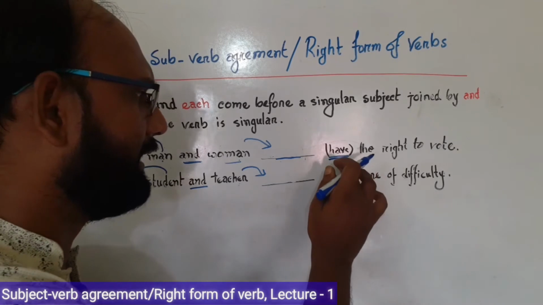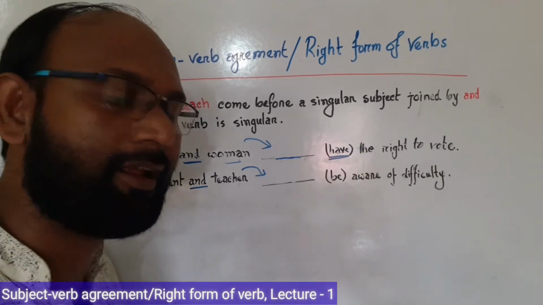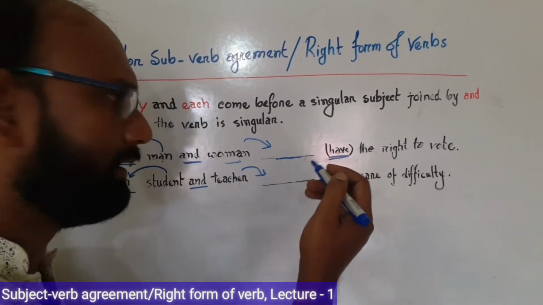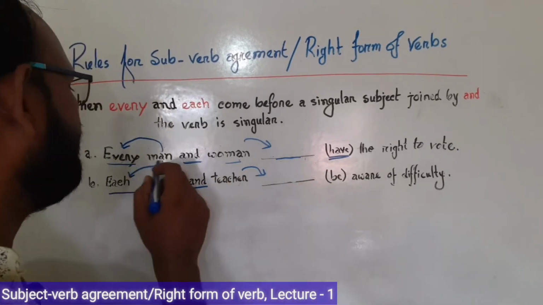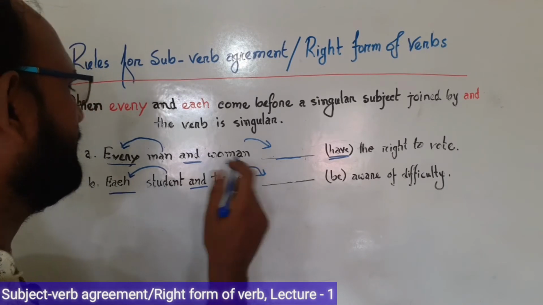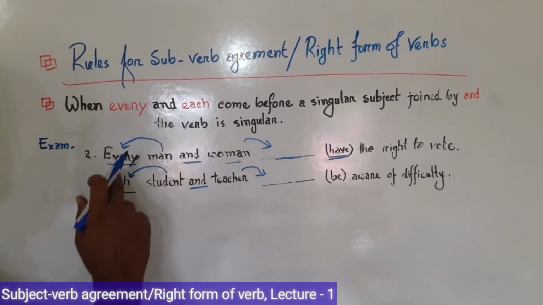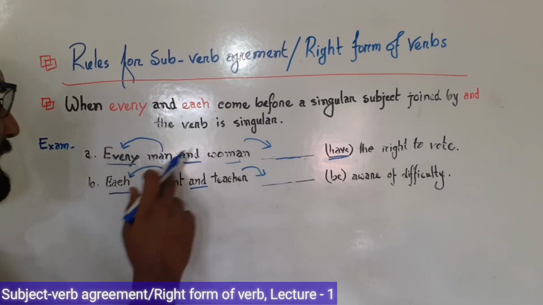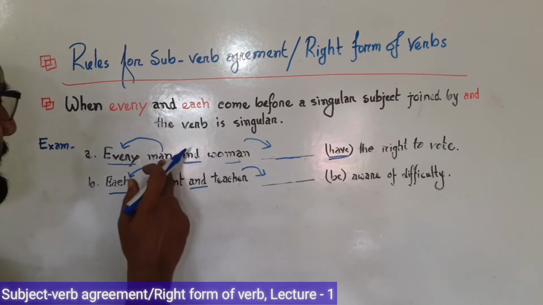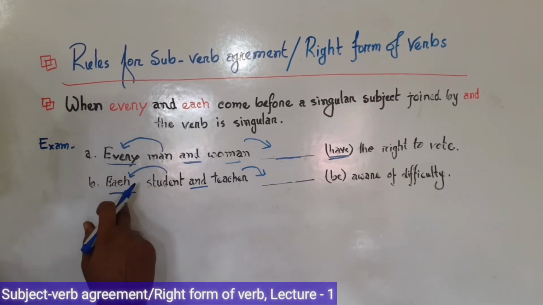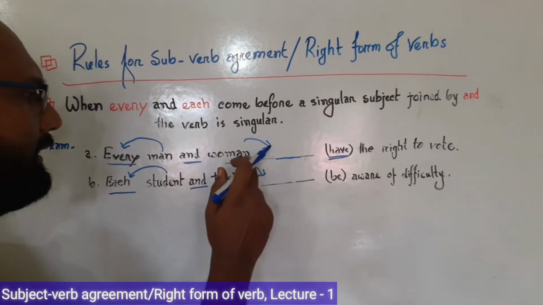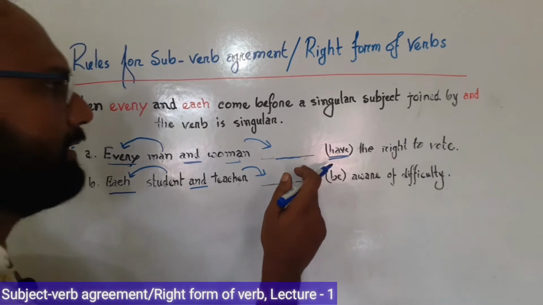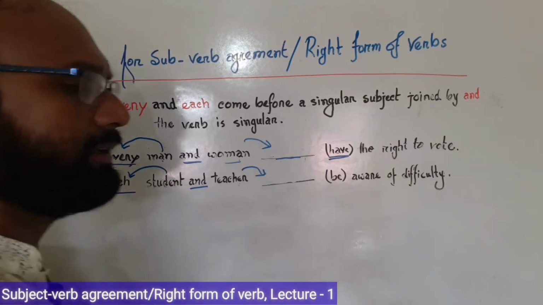The rule is, when every and each come before singular subjects joined by and, the verb after them is singular.